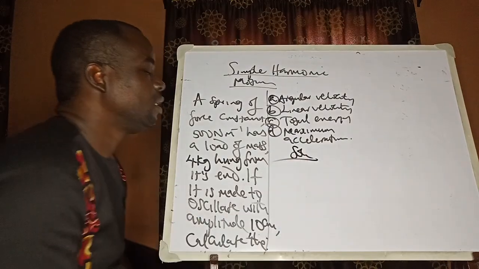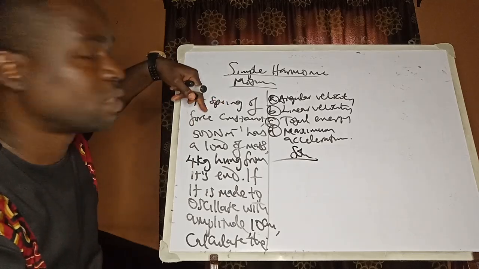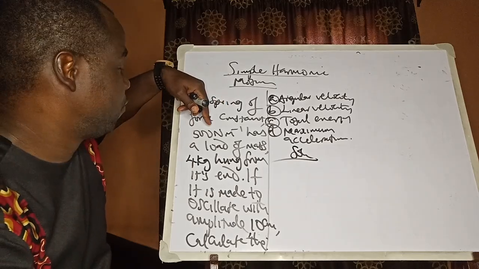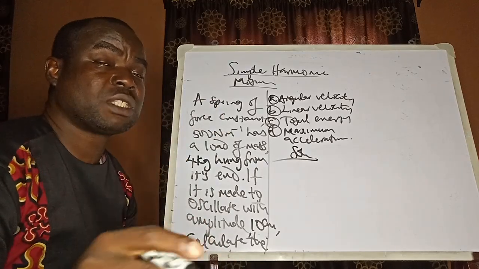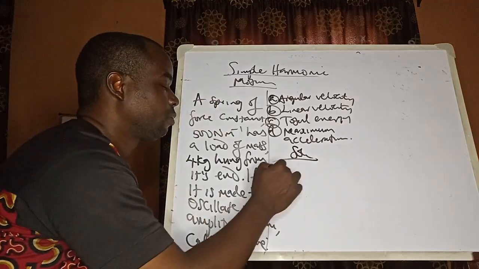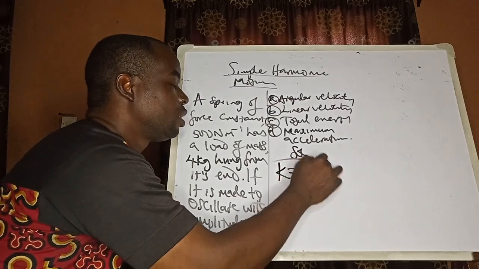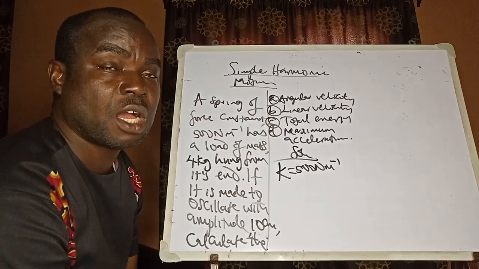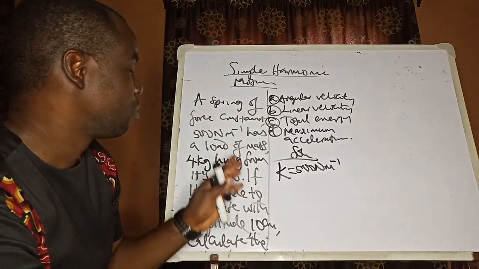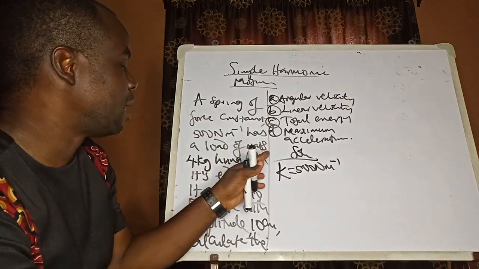Solution. It says a spring of force constant 500 Newton per meter. What is force constant in the table that I gave you? Force constant is K. So K is 500 Newton per meter. Are you following? Has a load of mass 4 kg.